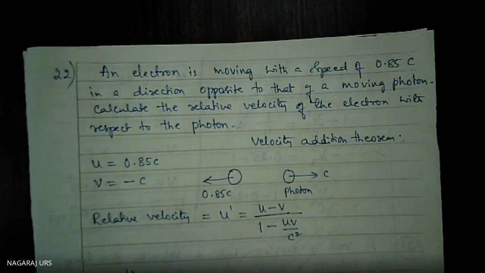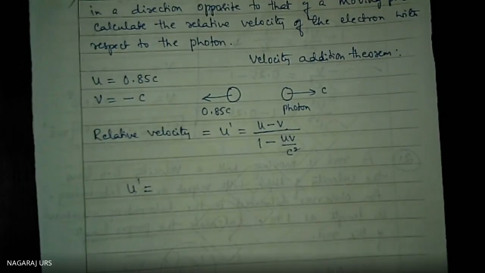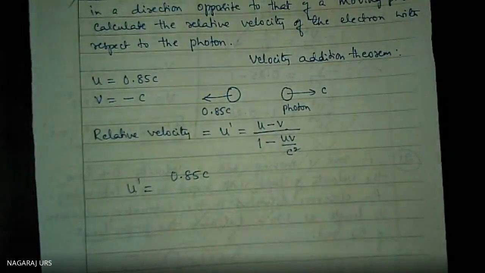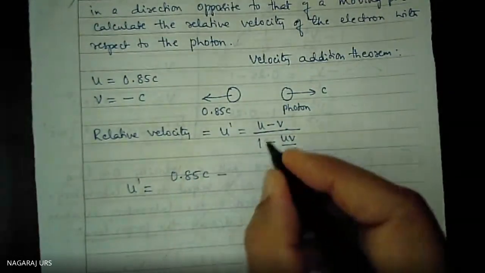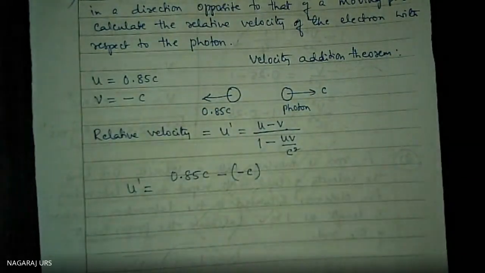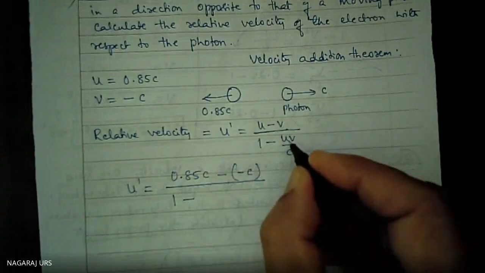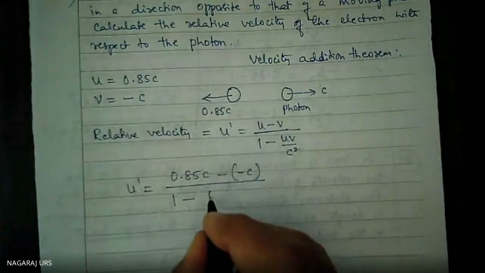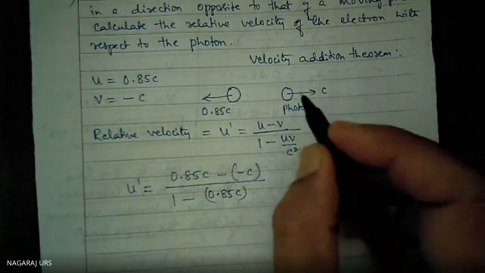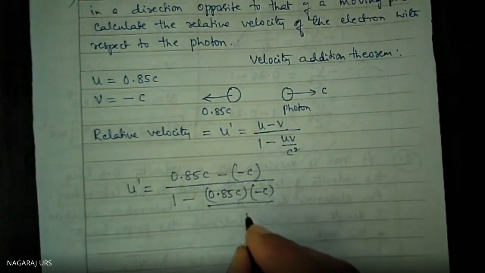Substitution you are supposed to do. u dash is equal to u value 0.85 c minus v, minus of minus c, divided by 1 minus u value 0.85 c into v value minus c divided by c square.